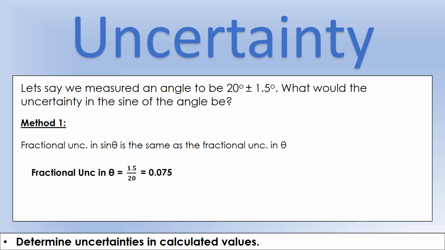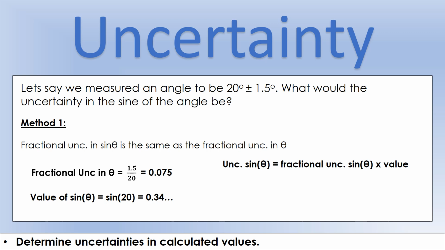So the fractional uncertainty in theta is 1.5 over 20. And sine theta, its value is 0.34. So if we want to get the uncertainty in sine theta, we're going to take its fractional uncertainty and times it by the value, because essentially we want 7.5% of 0.34.